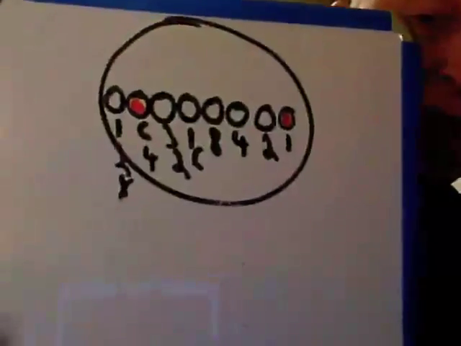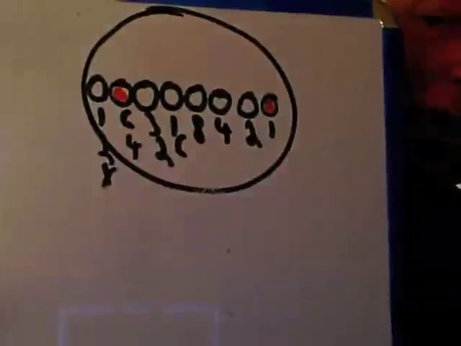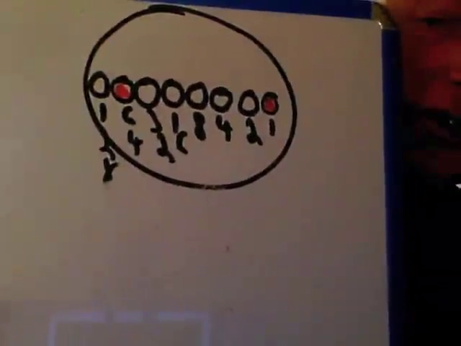Okay? Now, earlier in the class, we talked about capital A being 65. We have 1 64, and we have 1 1, 65. In binary, that would be the equivalent to 0 1 0 0 0 0 0 1.